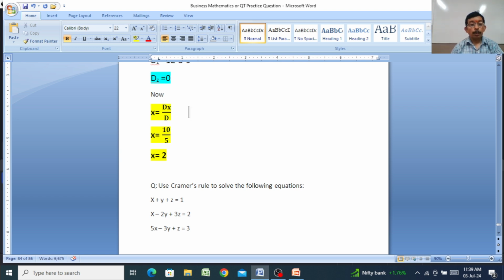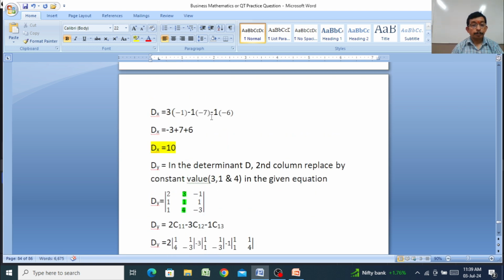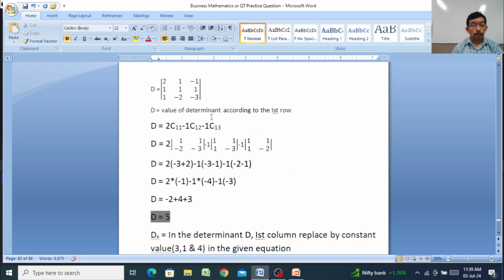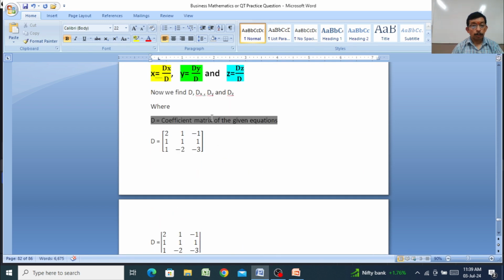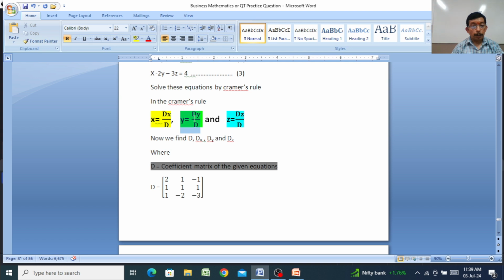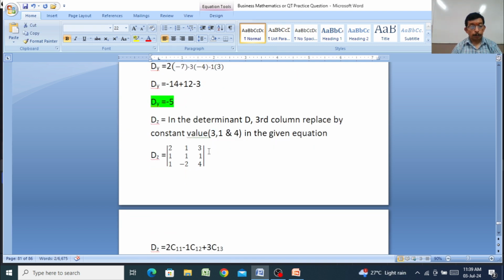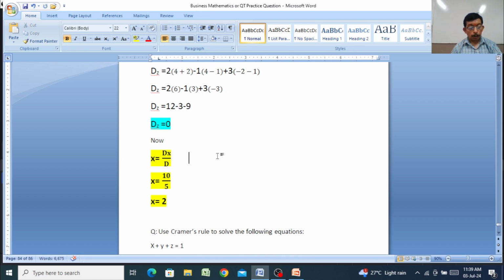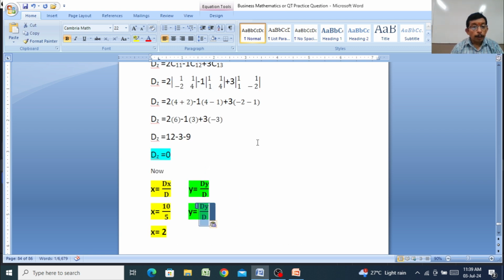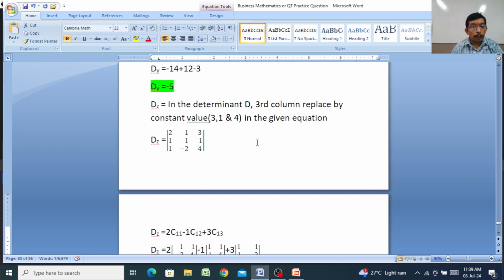Now we find the value of y. Y is equal to dy upon d. Put the value of dy and d. Dy is equal to minus 5.